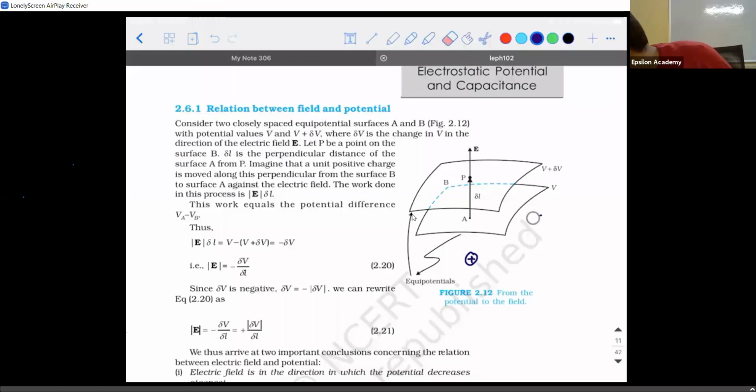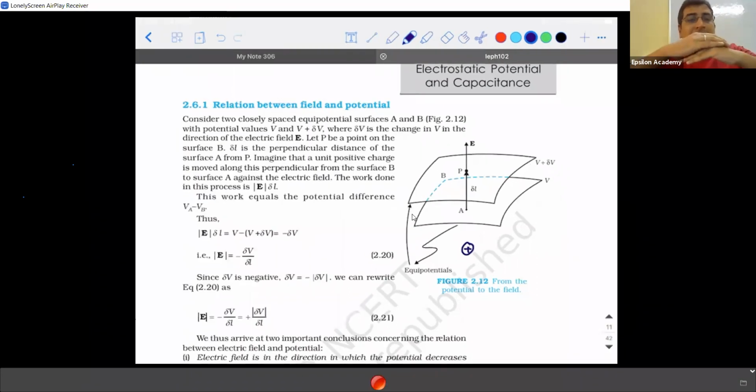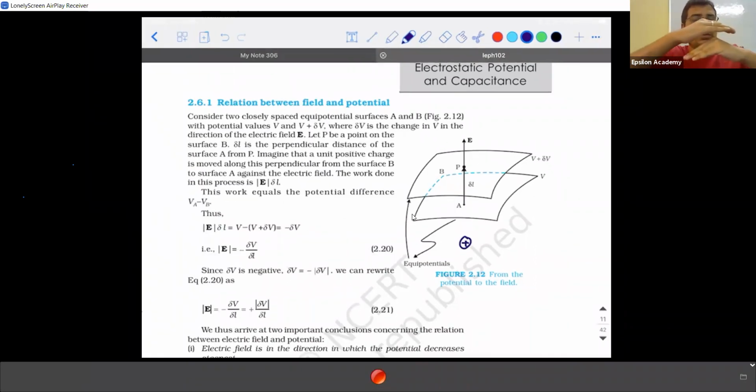So the simple concept here is, I am just doing a reverse operation of what is already there in the book. If I take an equipotential close to this charge, then that will have a potential of V. Then I take another equipotential surface slightly above this.